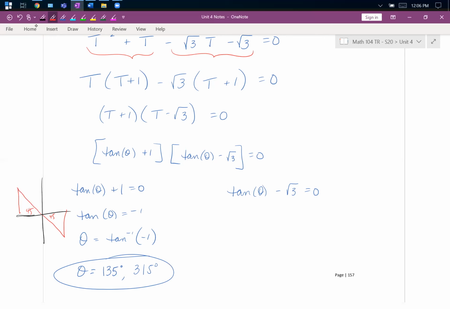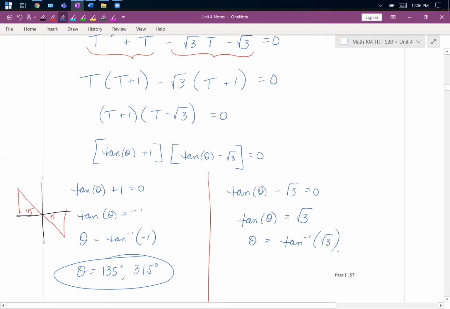And then we have our other equation to solve. Isolating tangent, tangent is equal to square root of 3. So theta is going to be tan inverse of square root of 3. So I need to figure out where that's happening.